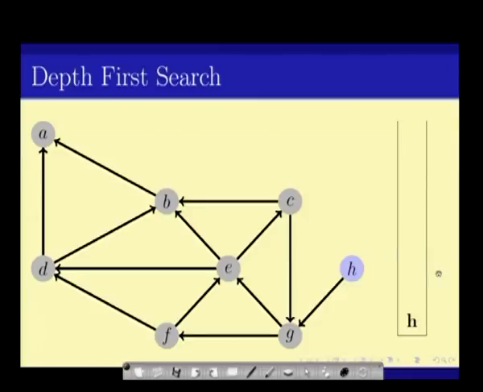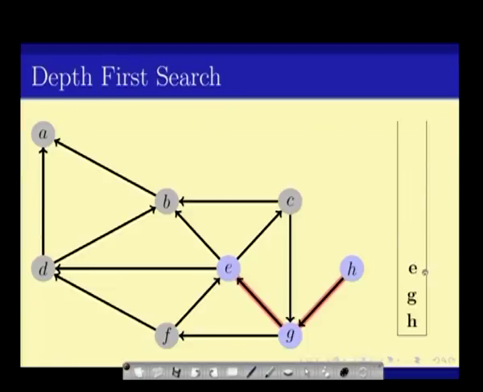We maintain this stack on the right hand side, which is useful for our understanding of this DFS algorithm. Now, we look at all the neighbors of h. As soon as we find a neighbor, which in this case is g, similarly we look at all the neighbors of g. Say we look at e, and since e is untouched till now, we color e blue and we put e on top of the stack.